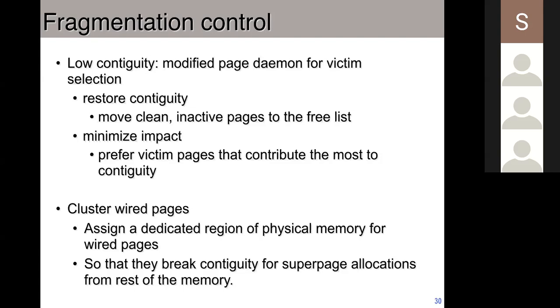This is called clustering the wired pages, meaning all the wired pages are together in one region of physical memory, and the free memory is for everyone else to use, okay? By doing this, they maintain contiguity, which is obviously beneficial for superpage allocation and reducing fragmentation at superpage granularity. Okay, any questions on that?